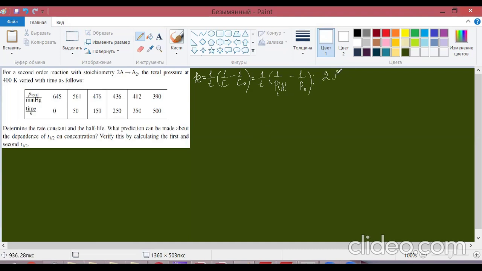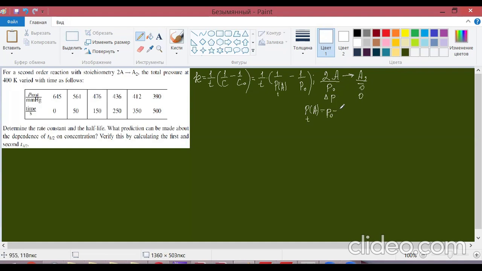So let's rewrite the schema of the reaction. In the beginning, we got P sub 0 and no trace of the product A2. During the time T interval, we see the drop in the partial pressure of A is delta P, and still nothing changes with the product because it's not a unit yet, and the P of A at time T is equal to the initial pressure of A minus delta P, right?